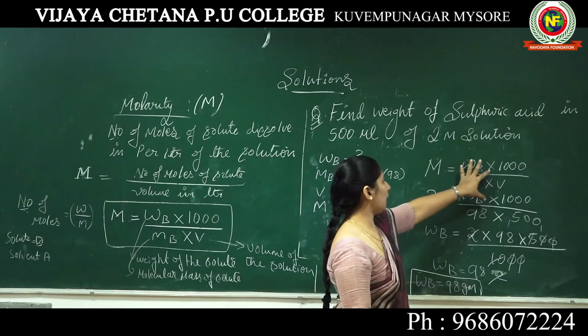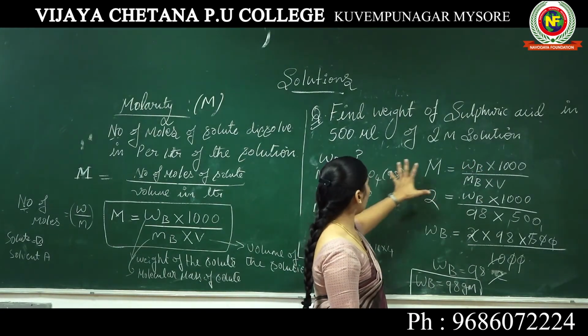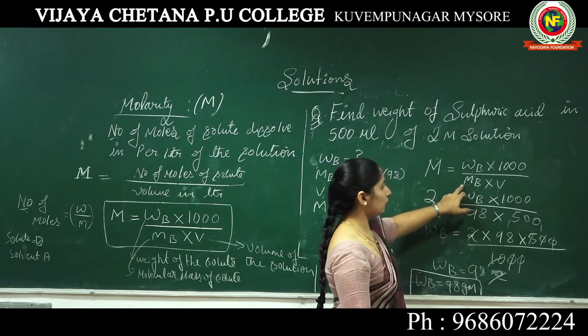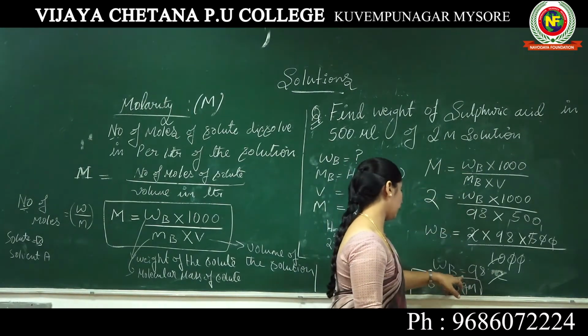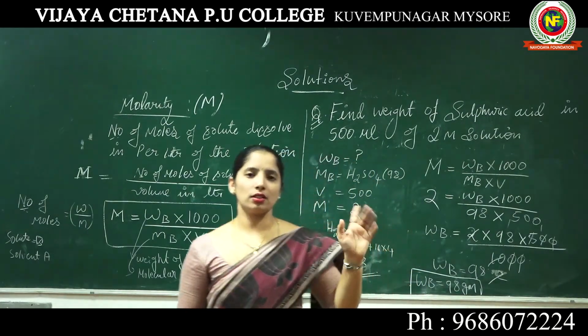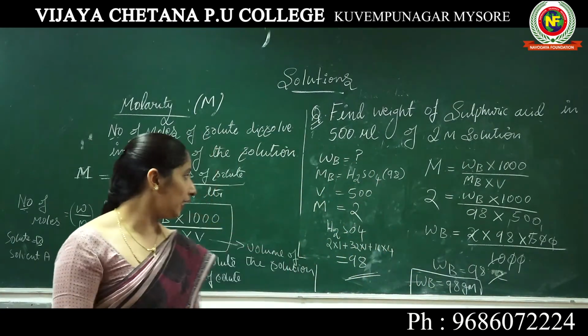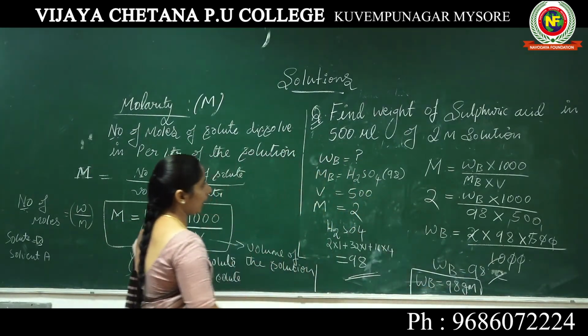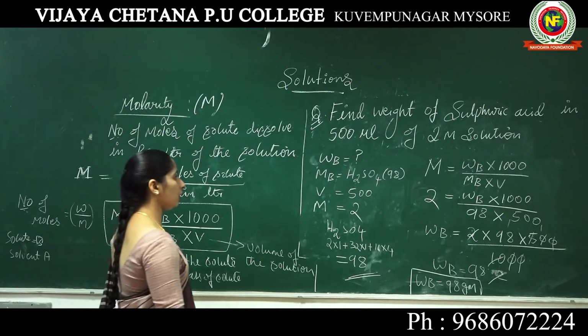So substitute the values into this equation, and finally you get 98. So the weight of the given sulfuric acid is 98 grams.